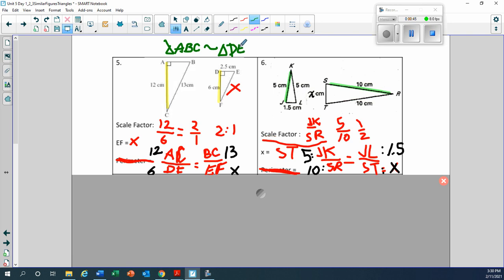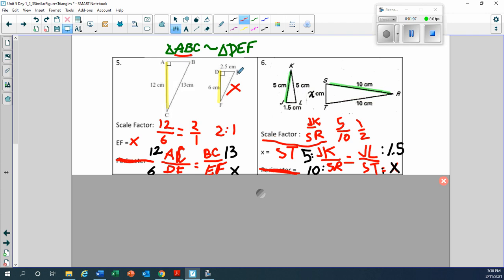And the order of the letters is super important. I've stressed that from earlier this year. The reason being, the order tells us which angles are congruent to each other. So A and D, B and E, C and F. Also, we're going to figure out which sides are congruent, or similar, I should say, not congruent, but similar in this case.